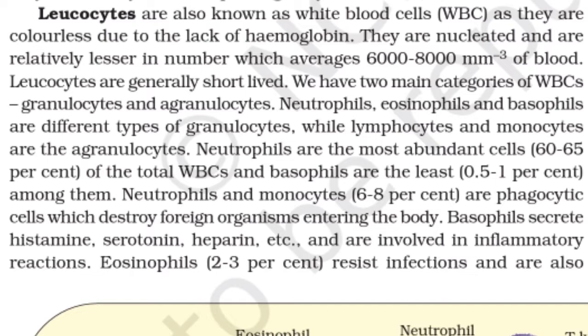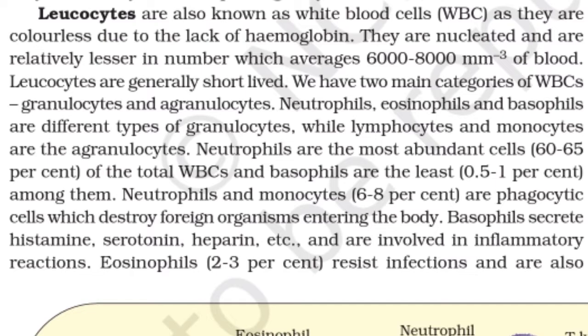Leukocytes are also known as white blood cells (WBC), as they are colorless due to the lack of hemoglobin. They are nucleated and are relatively lesser in number, which averages 6,000 to 8,000 mm-3 of blood. Leukocytes are generally short-lived.